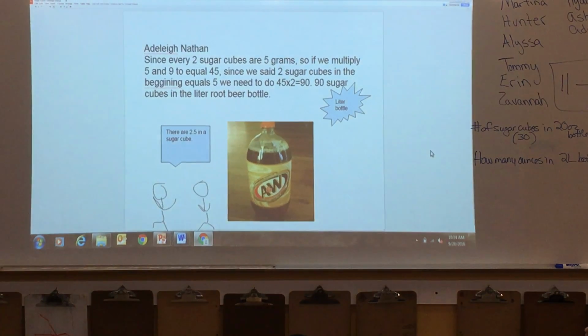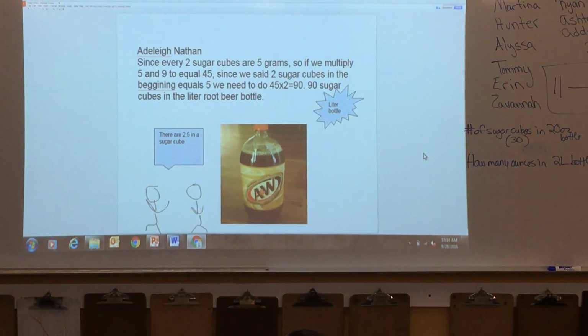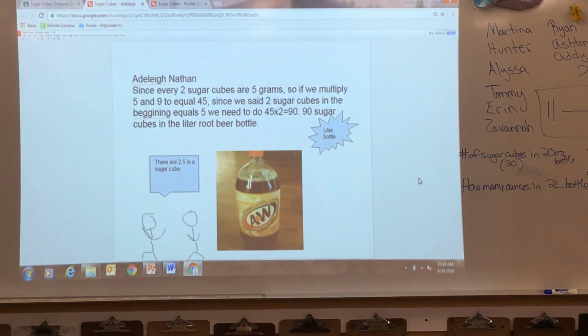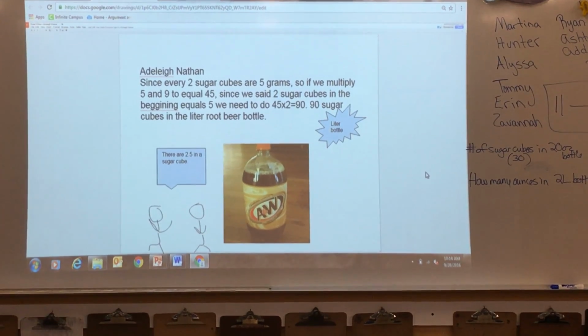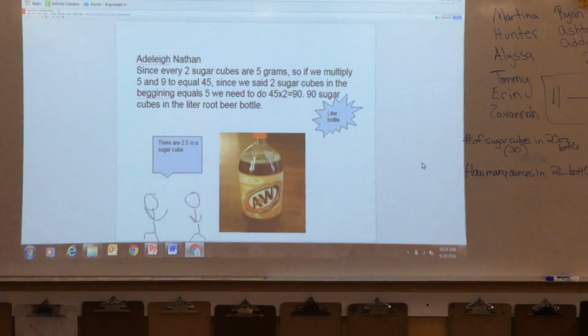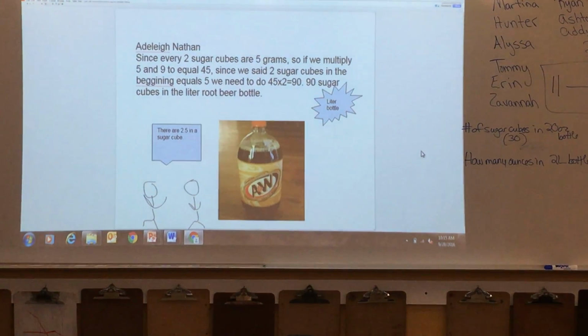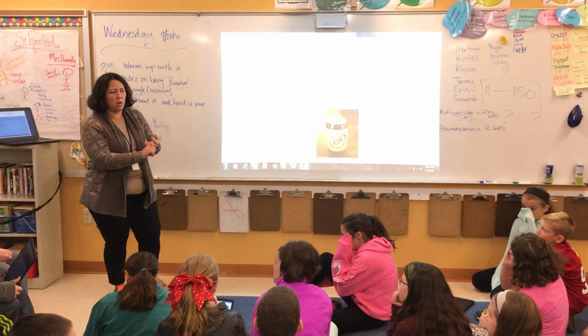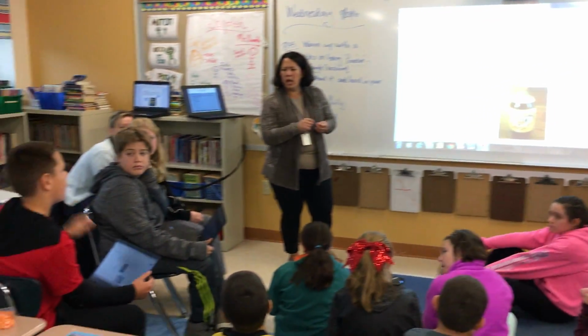Then 45 times 2 equals 90. So there's 90 sugar cubes. Any questions or feedback? You can ask a clarifying question. You could say, this is something I'm confused about, or this is where I think maybe some of your reasoning is flawed. It's how we help each other.